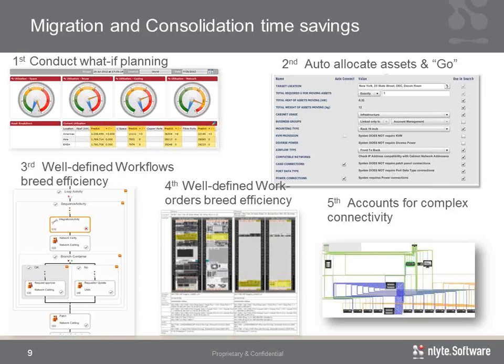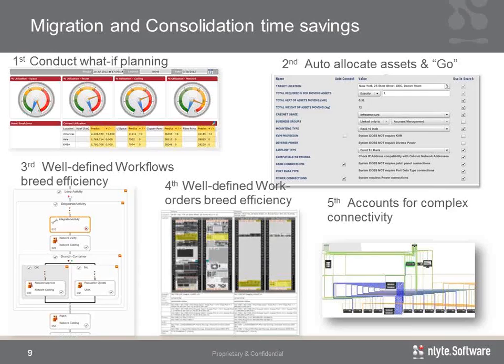It becomes repeatable, and by making it repeatable, you now feed it into the fourth graphic. You start issuing work orders. If you are being driven by work orders, like we say, it breeds efficiency. So it's a repeatable process. Say you have hundreds of servers that you need to implement during this consolidation and acquisitions phase.